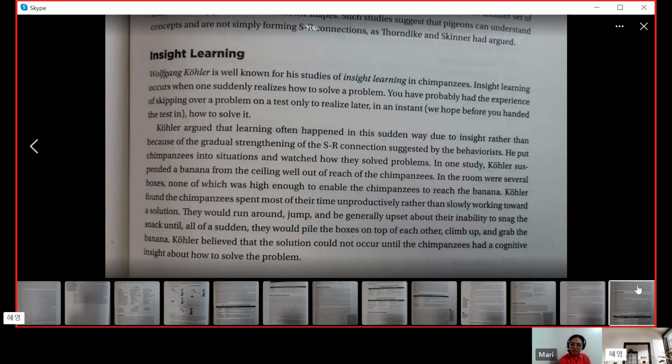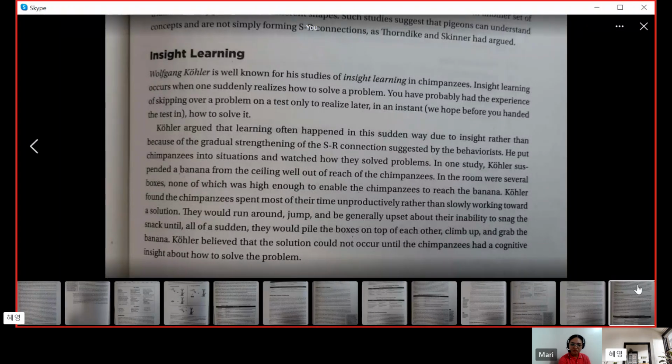You have probably had the experience of skipping over a problem on a test only to realize later in an instant how to solve it. Köhler argued that learning often happened in this sudden way due to insight, rather than because of the gradual strengthening of the S-R connection suggested by the behaviorists.